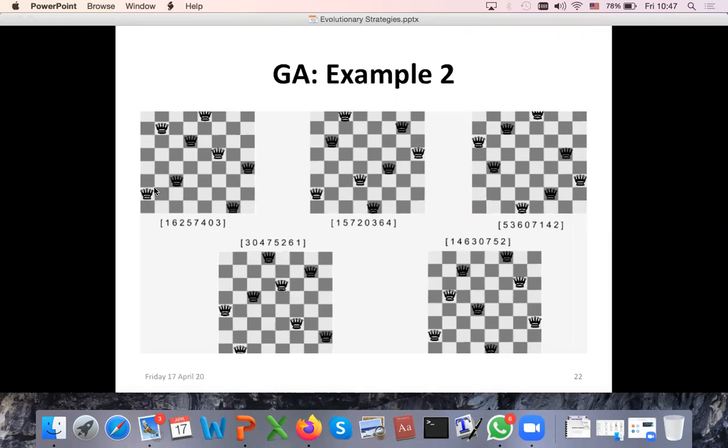This queen is at position one, starting from zero. If starting from zero, then seven is the maximum. So the position of this queen is one, the position of this queen is 6, which is mentioned here, the position of this queen is 2, and in this way you can write this string. I think it's easy. Similarly for this one, you write all the positions of these queens here, and then you get a string for that solution.